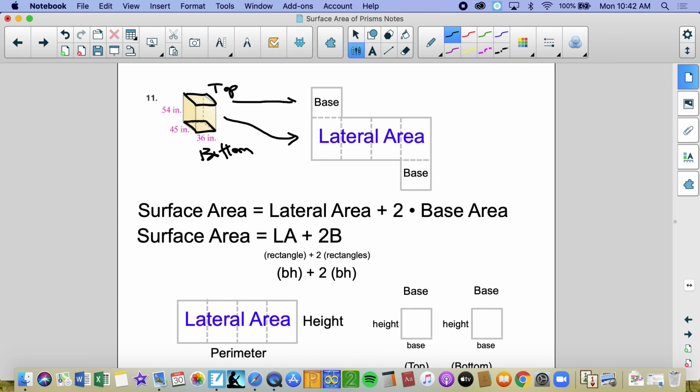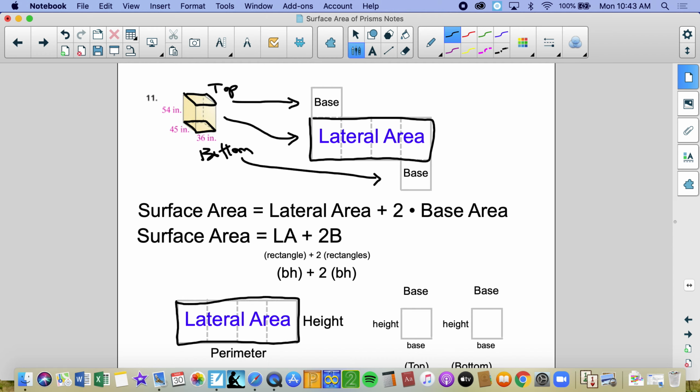So that would be the base, which is a rectangle, 45 by 36, and then the bottom would be the same. And then if we took the waist, the lateral area, and opened it up, we would get this long rectangle. And so the lateral area ends up being a rectangle. And here is our rectangle.